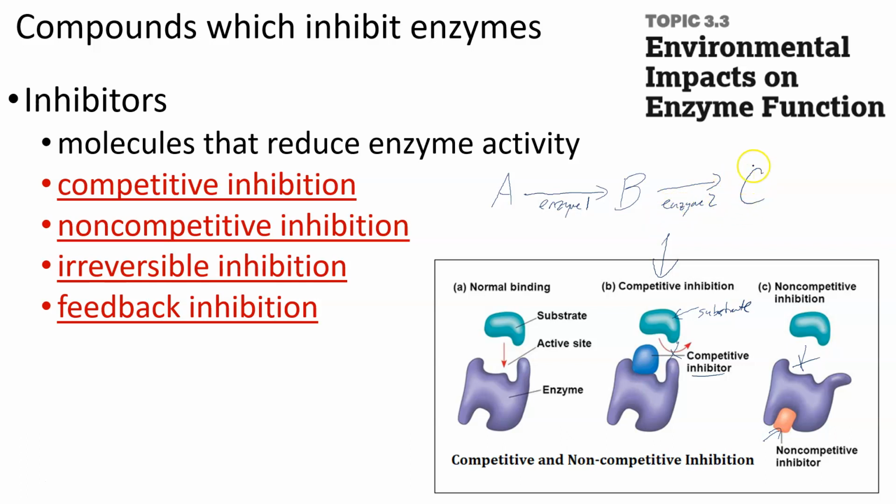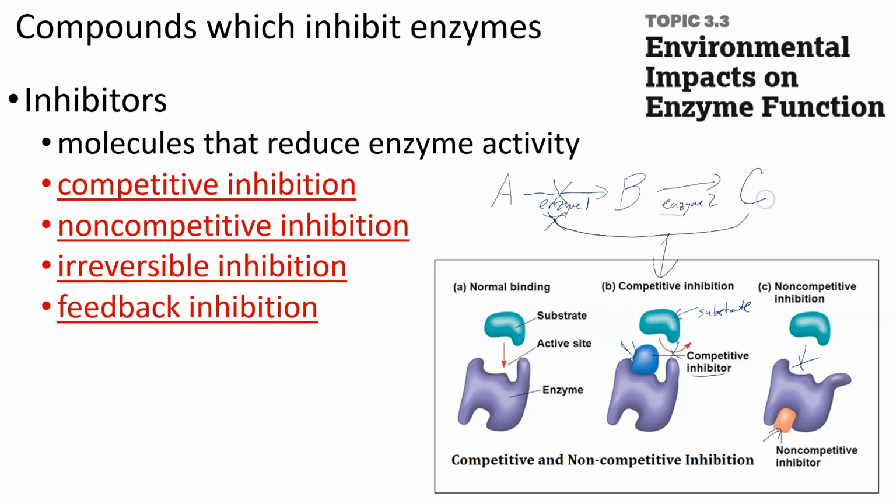Well, let's say once you've made a bunch of C's, so that this enzyme's been working and this enzyme's been working, and you've made a ton of C. Well, eventually this C can act as an inhibitor to this enzyme 1, right? So it can come in and either compete or non-compete down here. But it can inhibit enzyme 1 from working. If it inhibits enzyme 1, that means C can't be made anymore, right?